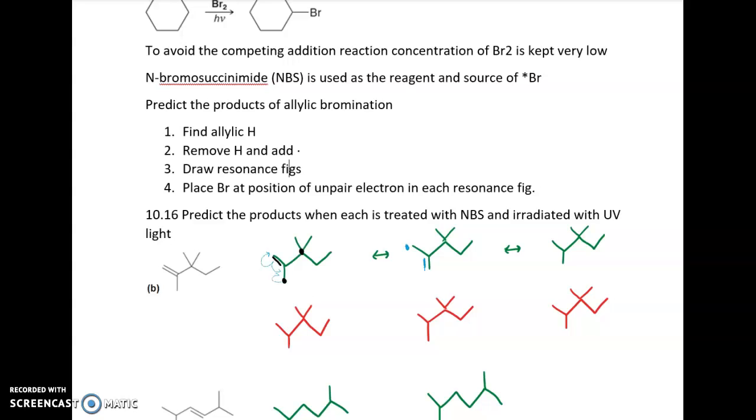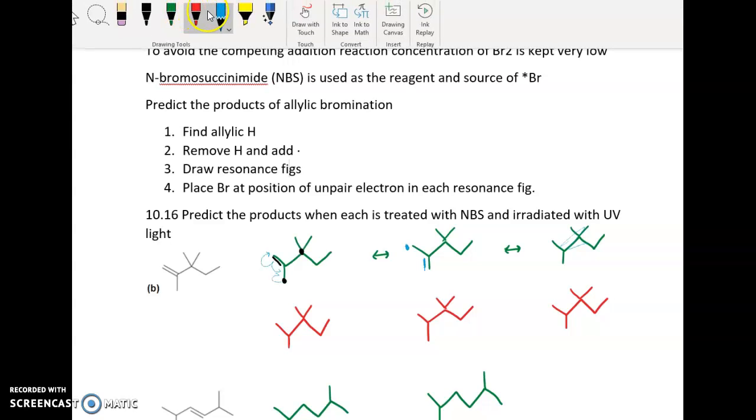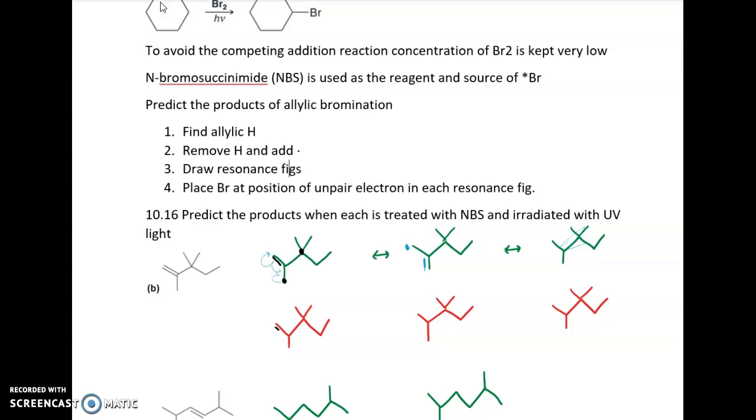All right, and then we need to put a bromine at each position. So let's put in our double bonds, and then we'll put a bromine here, and we'll put a bromine here.